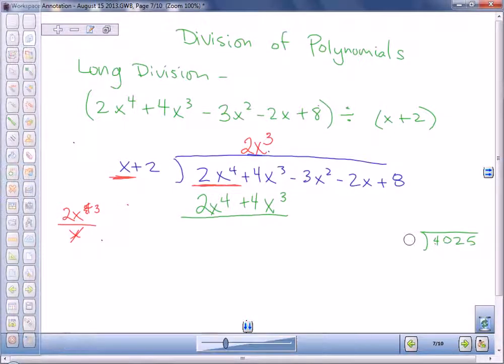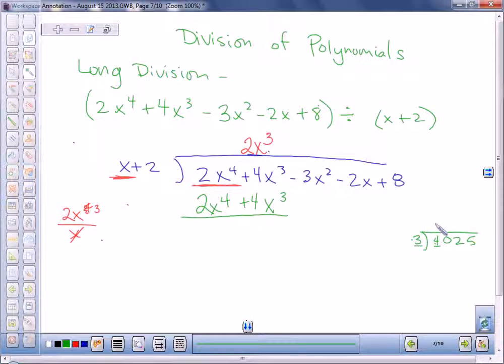One. And then we did 1 times 3 is 3, and then we would subtract and bring down, right? Then we say 3 goes into 10 how many times? 3, and 3 times 3 is 9, and then we subtract and bring down. Same thing. We just have polynomials.